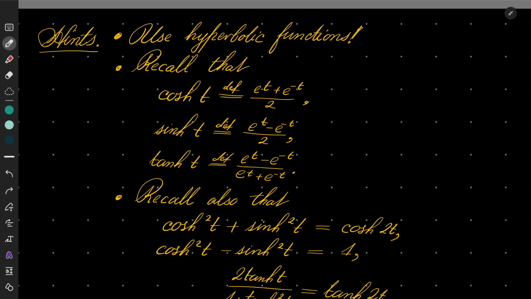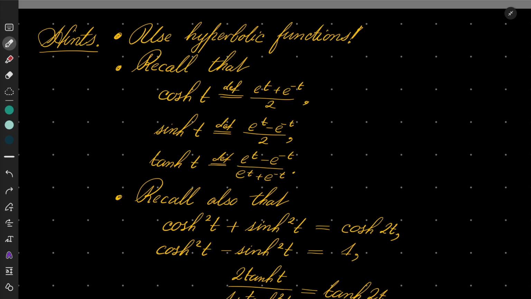Hyperbolic cosine is defined as e to the power of t plus e to the power minus t over 2. Hyperbolic sine is defined as e to the power of t minus e to the power minus t over 2. And finally, hyperbolic tangent is just the ratio of hyperbolic sine and hyperbolic cosine.